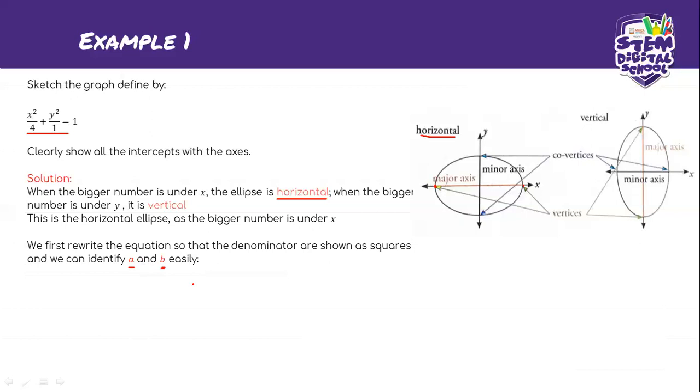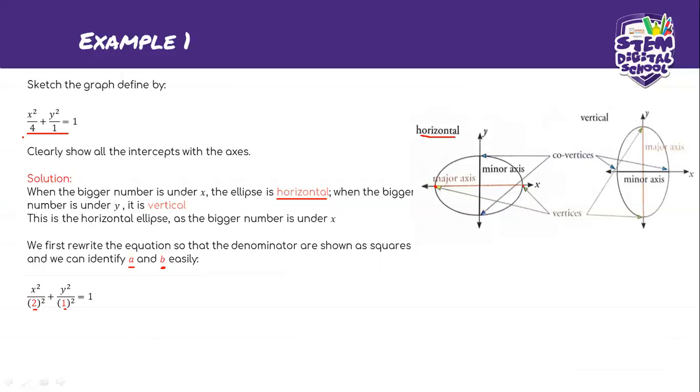Now let's proceed. All right. Now we can see the value of a there, which is 2 in this case, and then the value of b is what? Is 1, right?